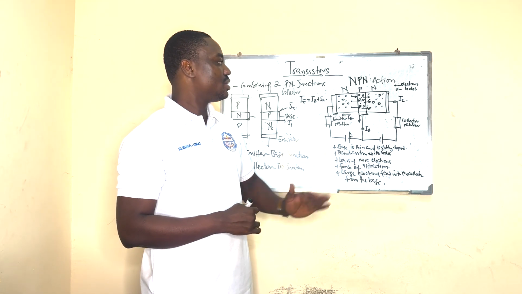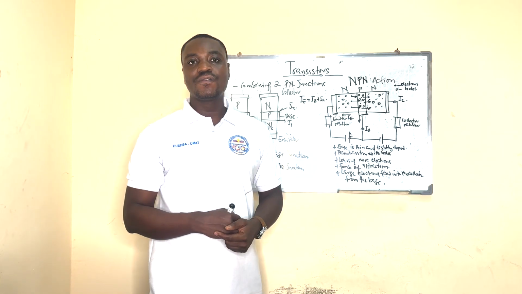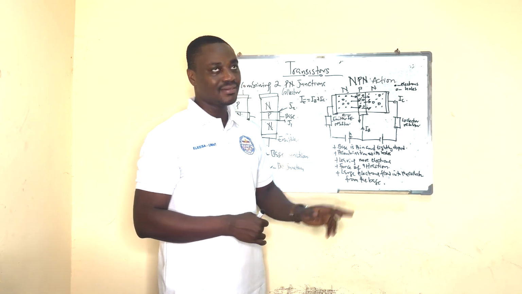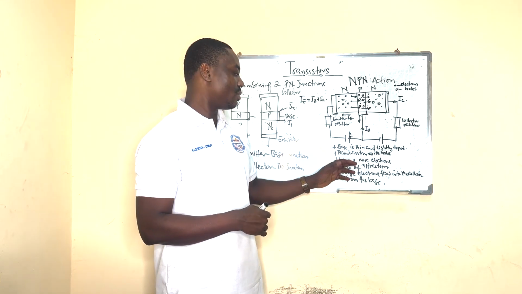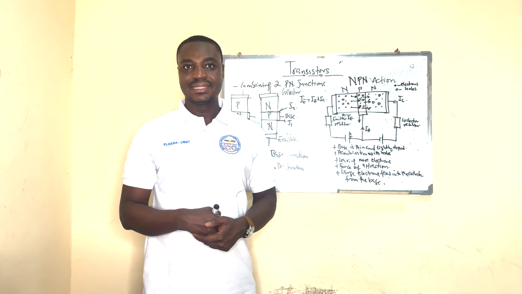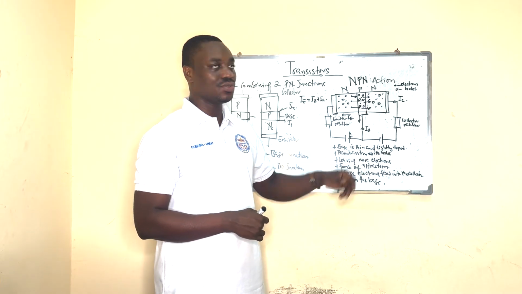Then, in doing so, when electrons move from the emitter region into the base region, we have a combination with holes, leaving more electrons.